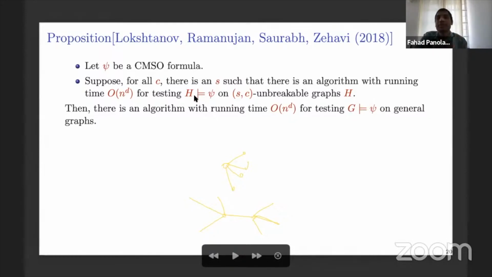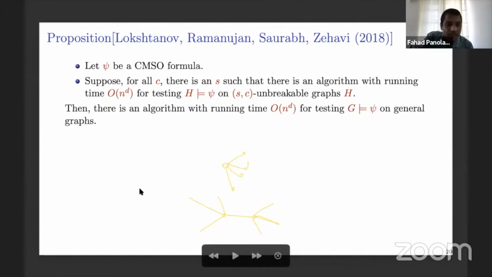So we just need to come up with an algorithm on SC unbreakable graphs for all C, and this S will be given by this theorem and will depend on C, and this d is independent of S and C, and the constant here depends on the formula size, or in other words the graph property, as well as S and C. So you can think of them as constants, or parameters. So if we are able to solve some graph problem on unbreakable graphs, then there is an algorithm for the problem on general graphs.